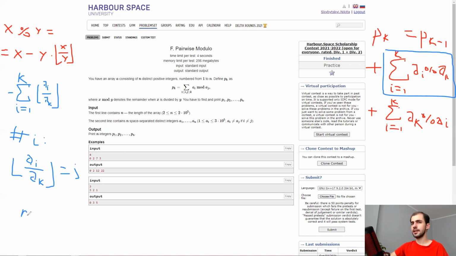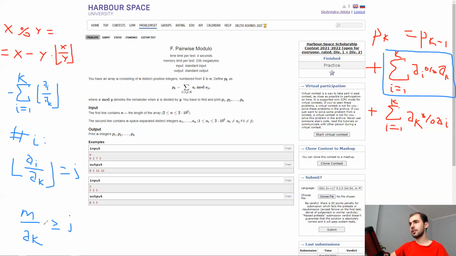We're not interested in anything that's more than m over ak, where m is the maximum value in array A, right? So we know that j is at most this.